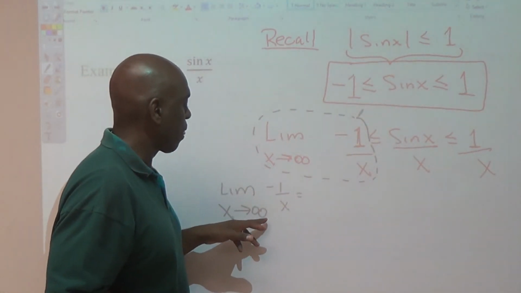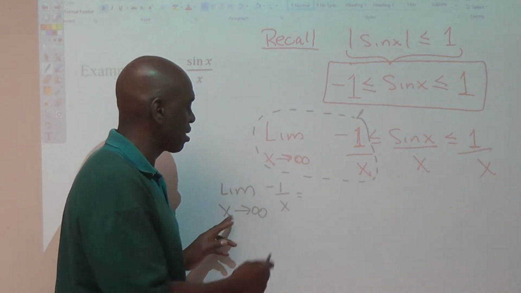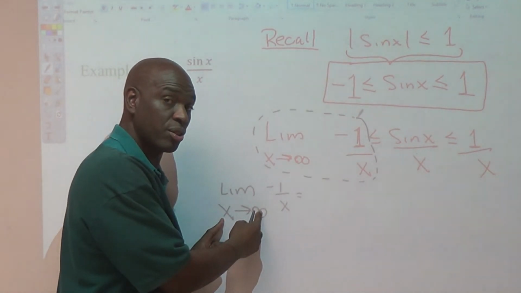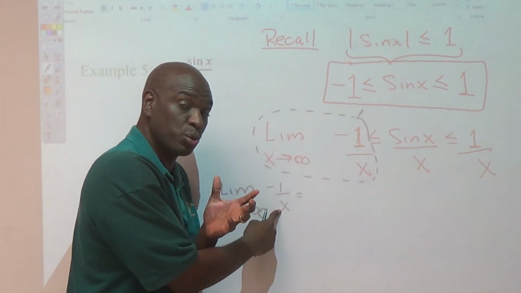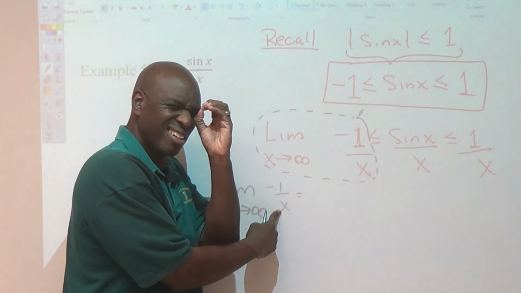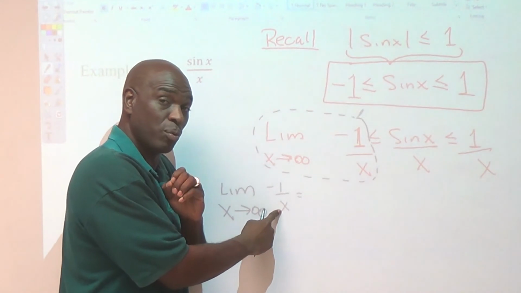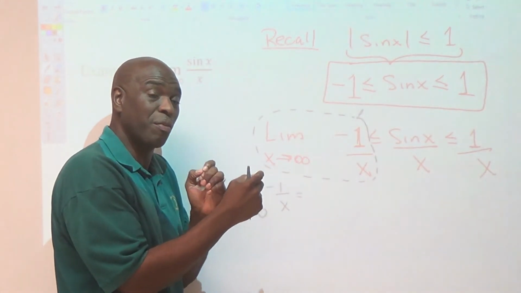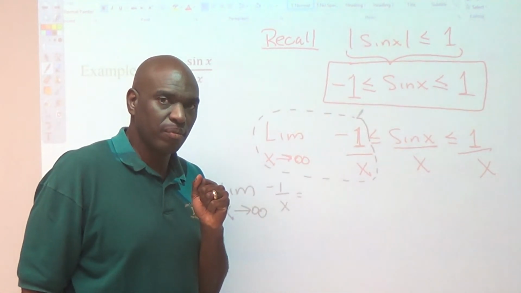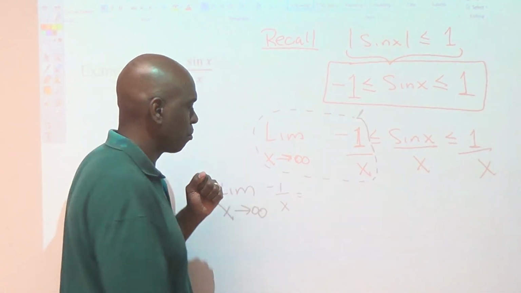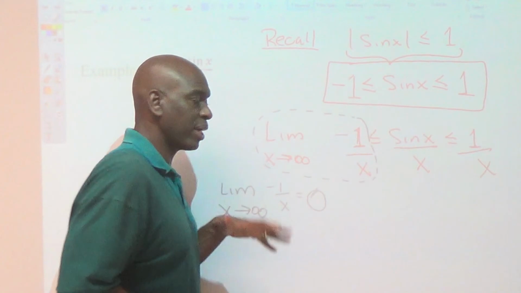As x gets very large, negative 1 over a very large number is close to what? It's close to 0. Negative 1 over a billion is very, very close to 0.